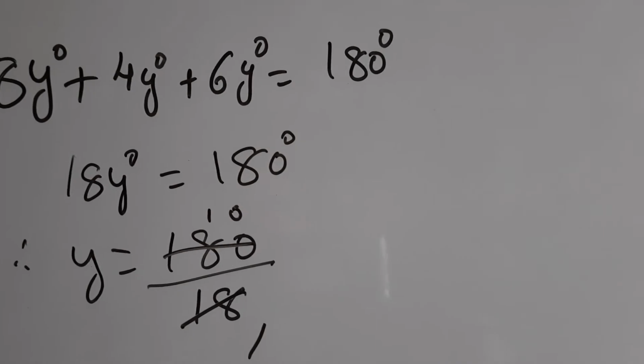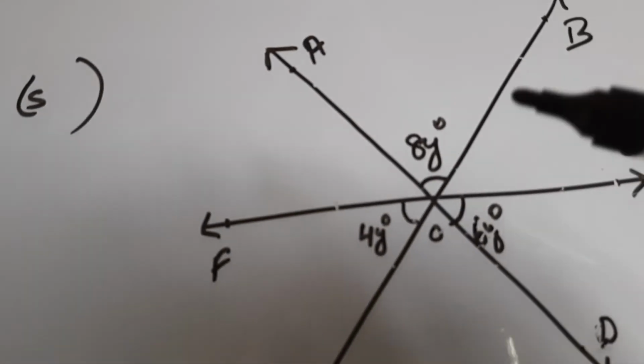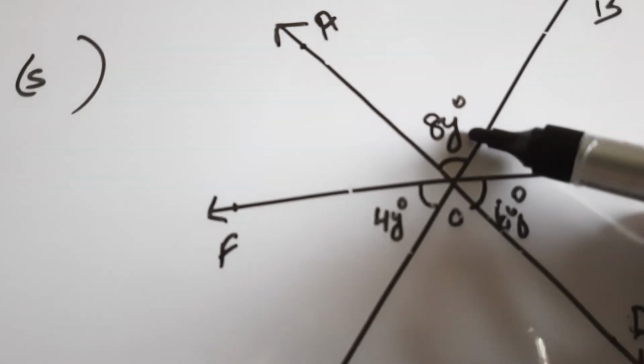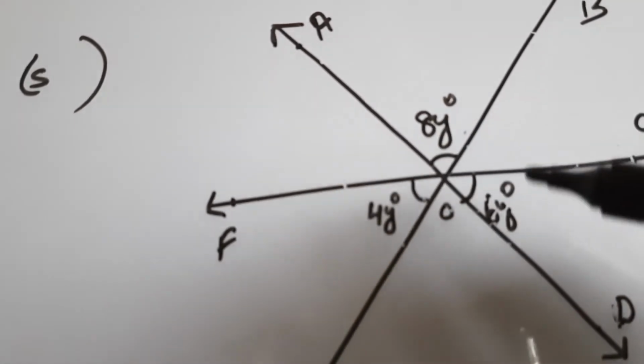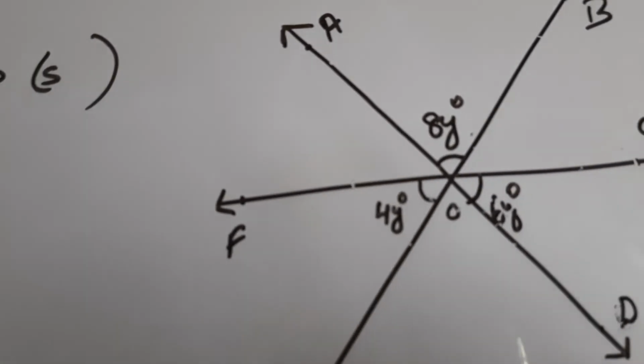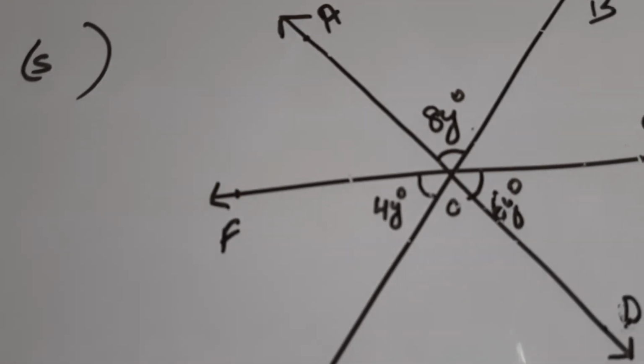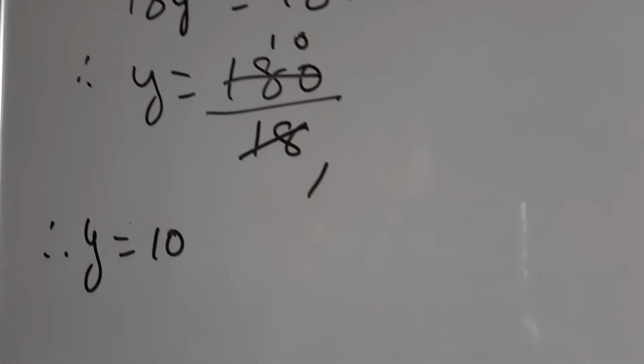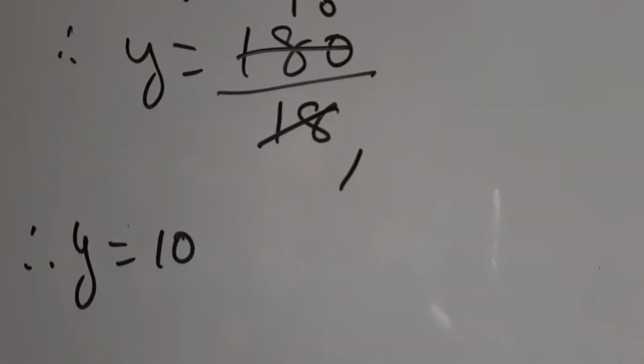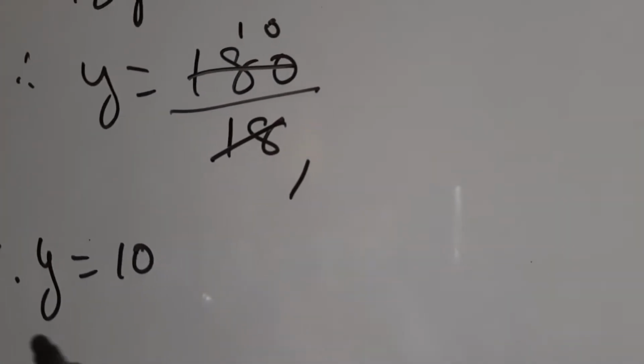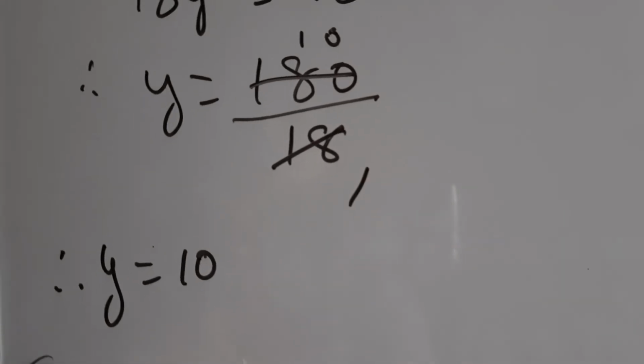Okay. Now, from this figure, that is 8y degree, we understood the value of y. y is 10. So, we are going to substitute and we will understand what is the degree of that angle. Okay, children. So, y is equal to 10. We got it with the working. Now, we will substitute. Okay.